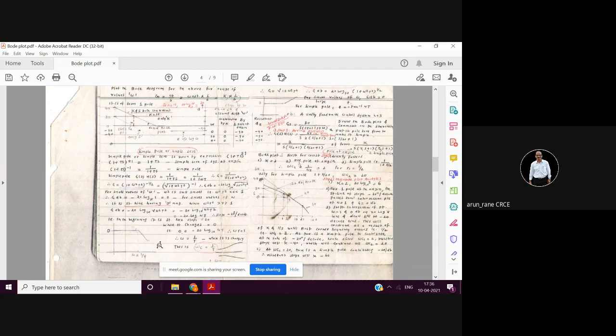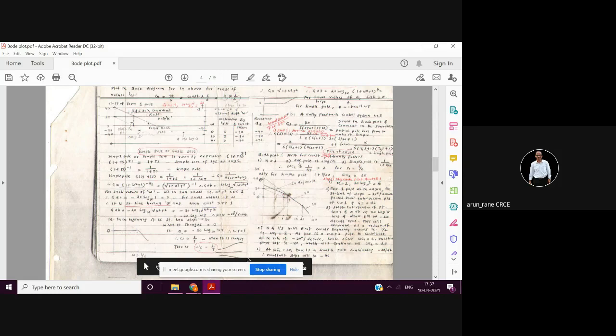So if I want to find out this point, I can say minus 20 log of omega T is equal to 0. If this is 0, this has to be 1 because log of 1 is 0, isn't it? So omega T is equal to 1, that means omega is equal to 1 upon T.